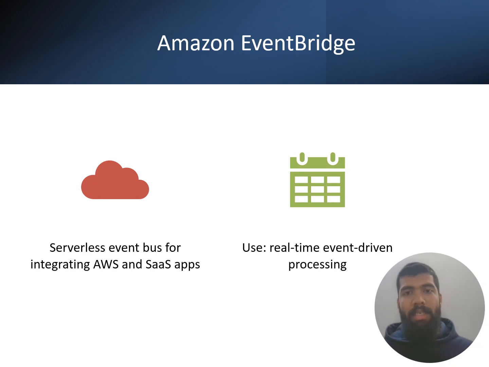Whenever something happens, it knows exactly which service to alert. For example, when a new file is uploaded to an S3 bucket, EventBridge can trigger a Lambda function to resize the image and then notify another service through SNS. This enables an event-driven architecture where apps automatically react to changes in real time.